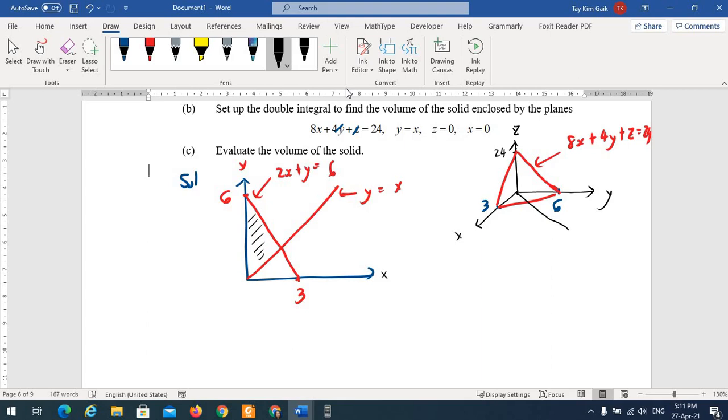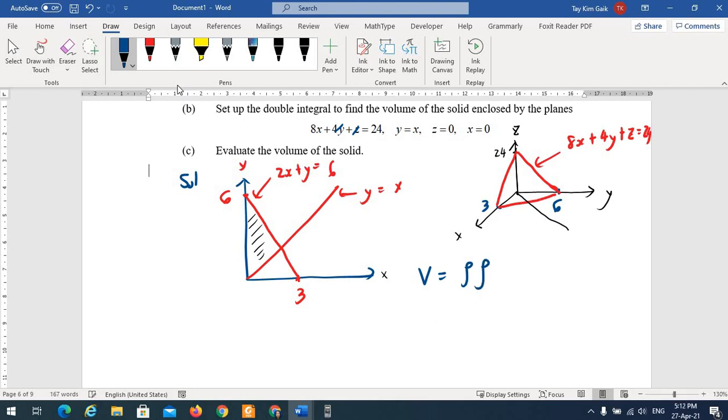In 3D it is very difficult to sketch the resultant solid, but you know volume is actually found using a double integral.